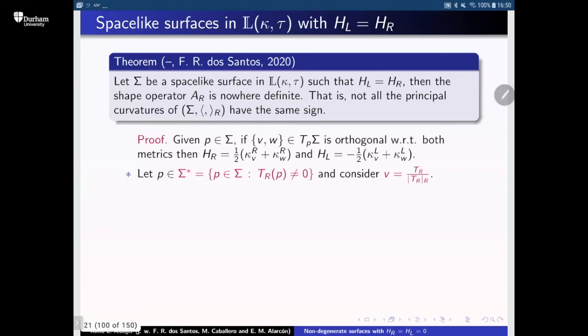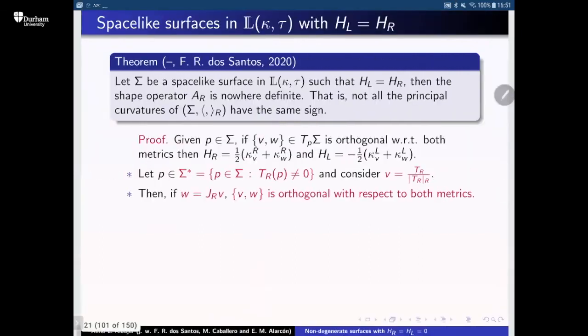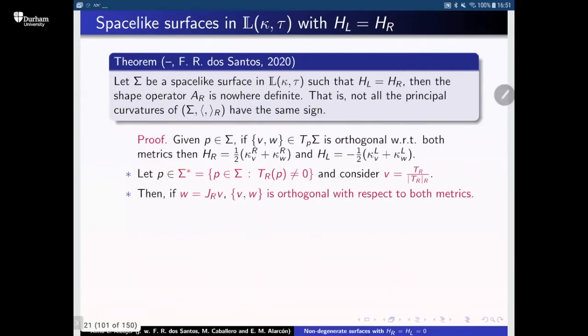So again, we will work at points where TR is different from 0, so where the tangent space is not horizontal, and we will consider V, the normalization of this TR with respect to the Riemannian metric. Then, if we consider W, the rotation of V, so the orthogonal vector to V in the tangent plane, then V, W is orthogonal with respect to both metrics.